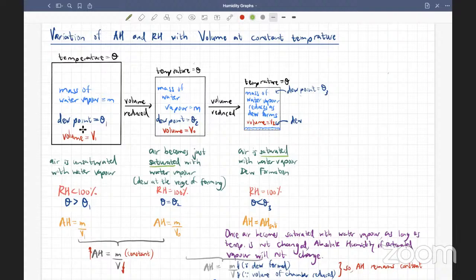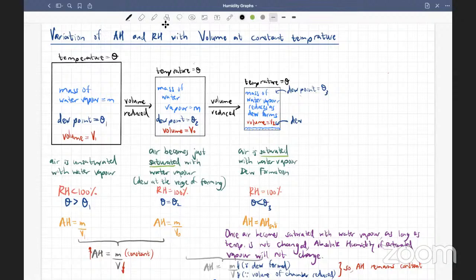And when you draw the graph, we have to move from right to left, because we go from high volume to low volume. Let me start the graphs then quickly.